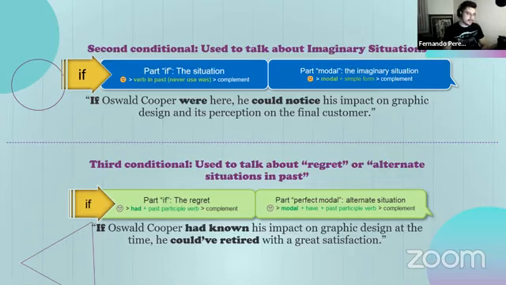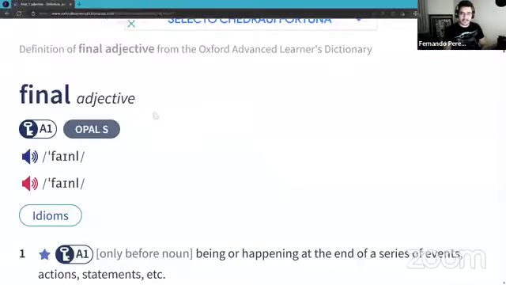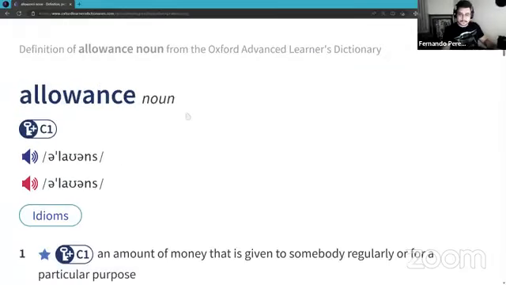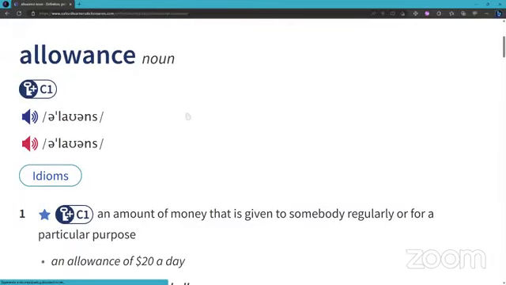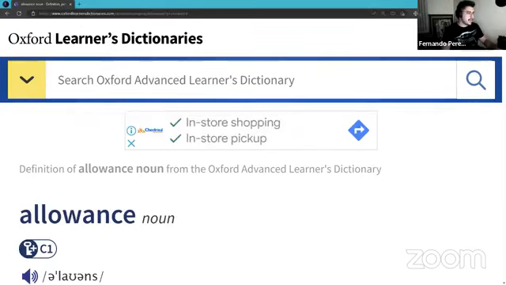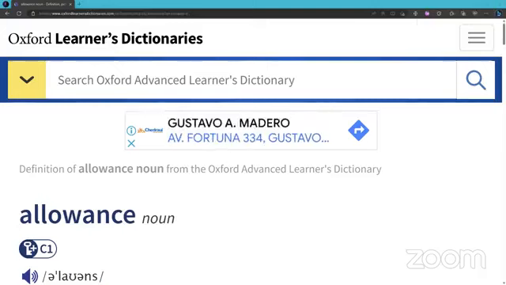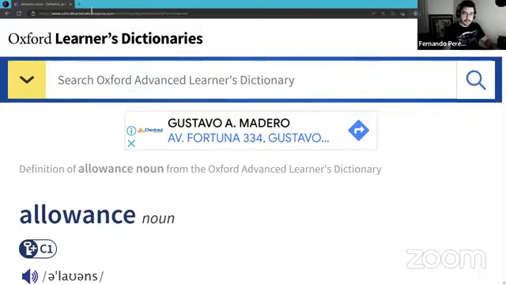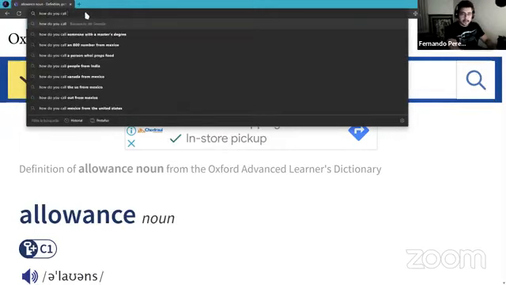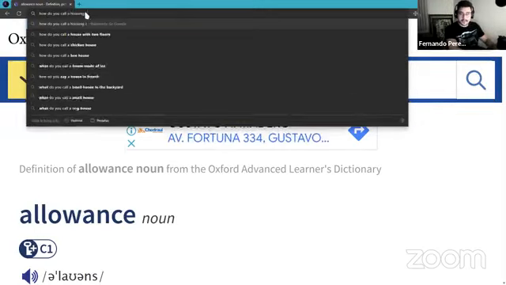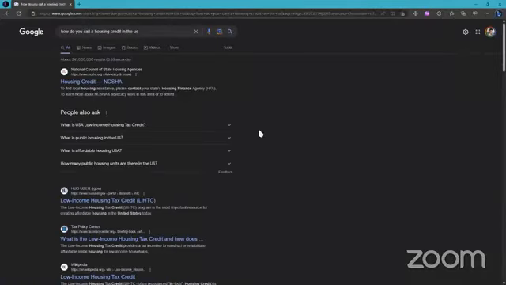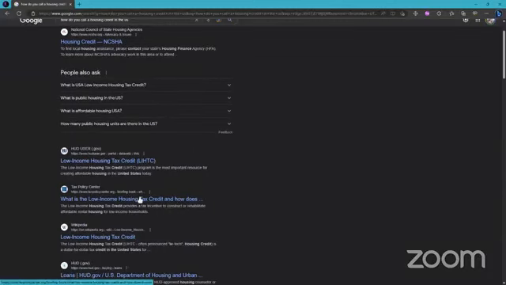housing credit, or what's another way to call it? Allowance. Oh, no, sorry, that's not the name. That's different, no? I work with allowances. How do you call a housing credit in the U.S.? Is it similar to the word in Spanish?